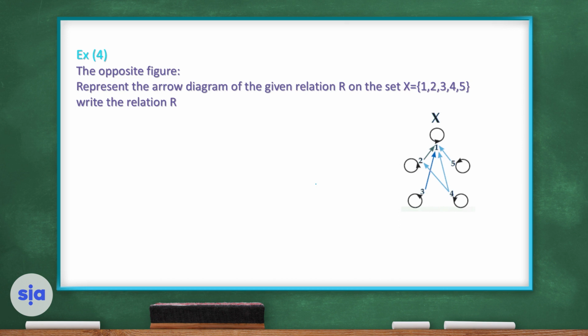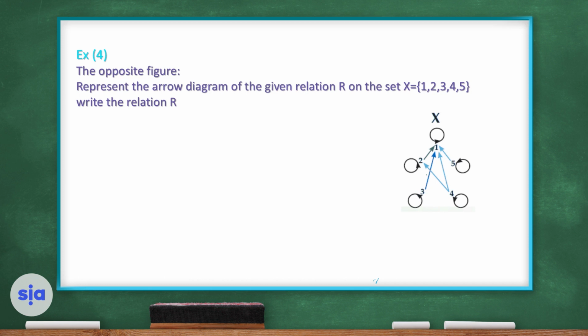But now, let's do it one by one. So here, 1 has a circle and no arrows are going out from the 1, so it's only (1, 1). Let's go to the 2. The 2 has a circle, so it's (2, 2), and then there is an arrow coming out from the 2 going to the 1. So here it's (2, 1). The 3 has a circle, so it's (3, 3).